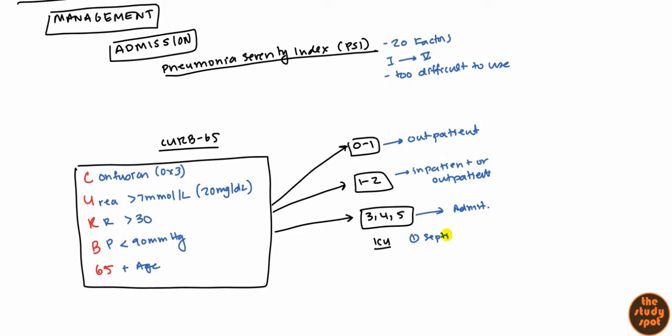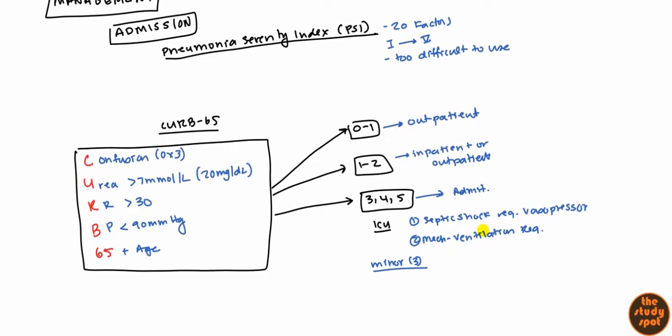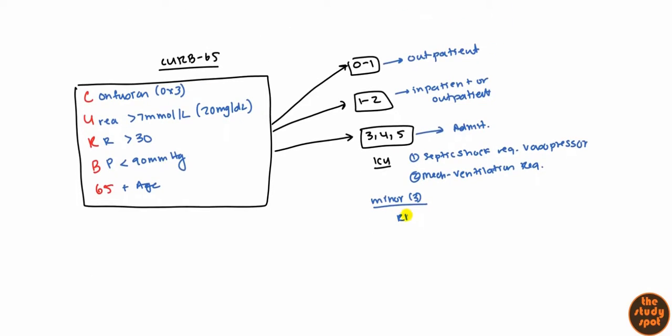If they have septic shock requiring vasopressor or mechanical ventilation requirements, then you just go ahead and admit them to ICU. And if they have any three of these minor criteria, you also want to consider admitting them to ICU. So if they have a respiratory rate greater than 30, or an arterial oxygen pressure over inspired pressure of less than 250, you want to go ahead and admit them to ICU.